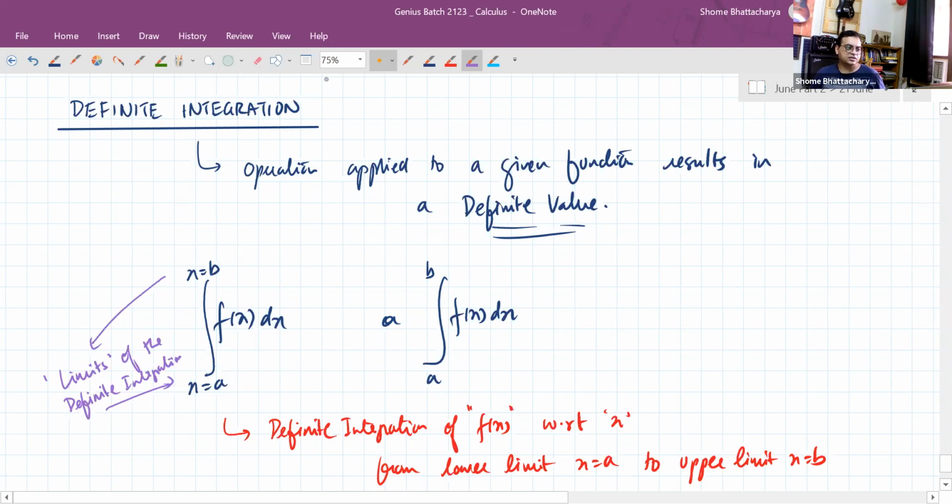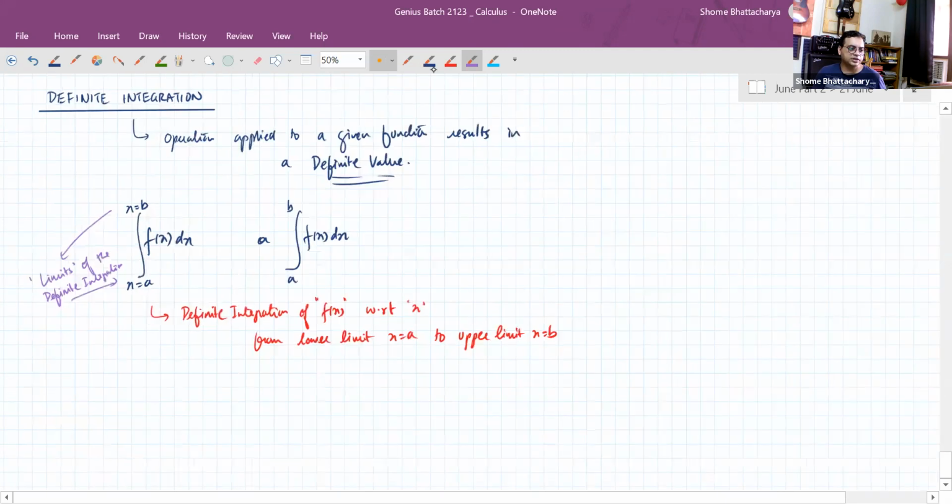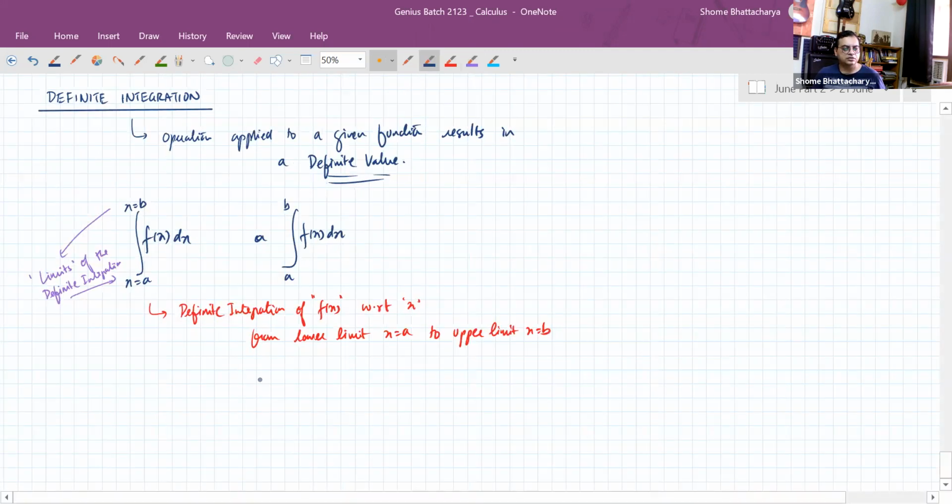Now we'll see that this has significance in terms of geometrical meaning also. But first, let us understand the terminology, then the definition, and then we will come to the interpretation geometrically. Okay. So this is just a symbol.